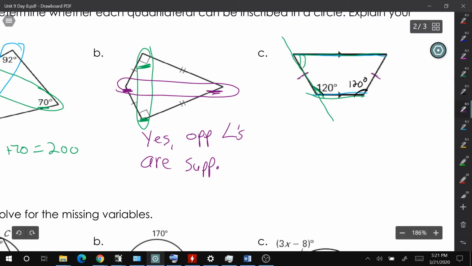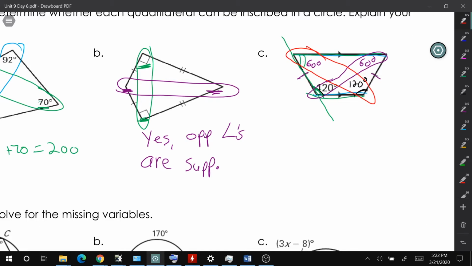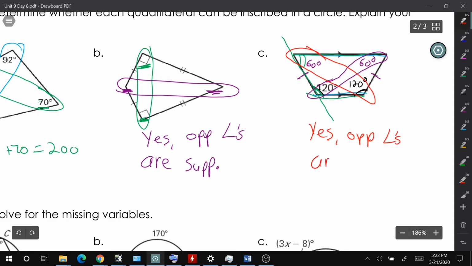So these angles up here must be 60 degrees and 60 degrees. So yes, the opposite angles add up to 180. So this isosceles trapezoid can be inscribed in a circle. Yes, opposite angles are supplementary.